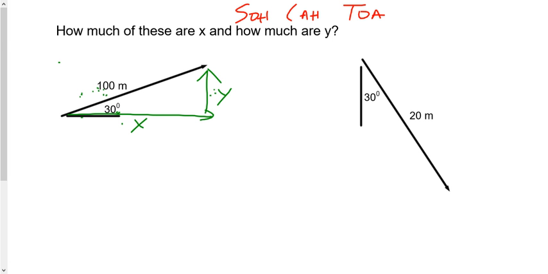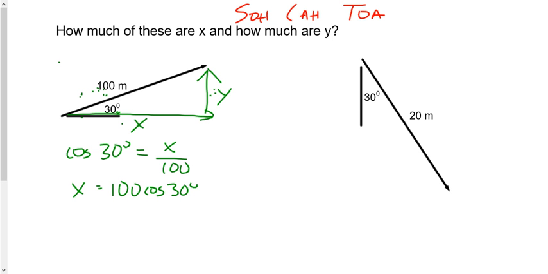Which trig function goes with theta, hypotenuse, and adjacent? Cosine. So let's say cosine 30 degrees is equal to adjacent over hypotenuse, or cosine 30 degrees is equal to x over 100. Adjacent over hypotenuse. X becomes 100 times cosine 30.